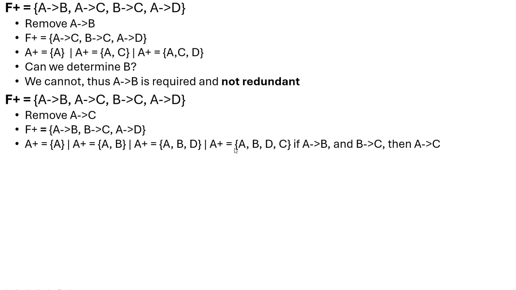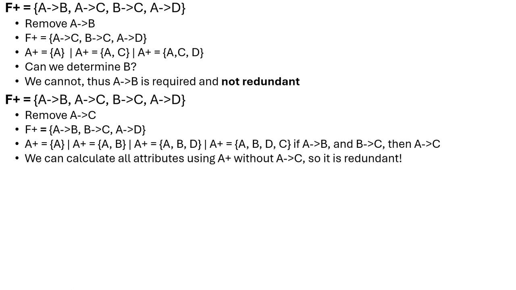And now we're also able to figure out our C. Where C came from is using our axioms from earlier: if we have A implying B and B implies C, then we also know that A implies C. So if we removed our A implies C functional dependency and we're still able to calculate every single attribute of this closure, we know that it's redundant. Essentially, this functional dependency we originally had wasn't really doing much for us.